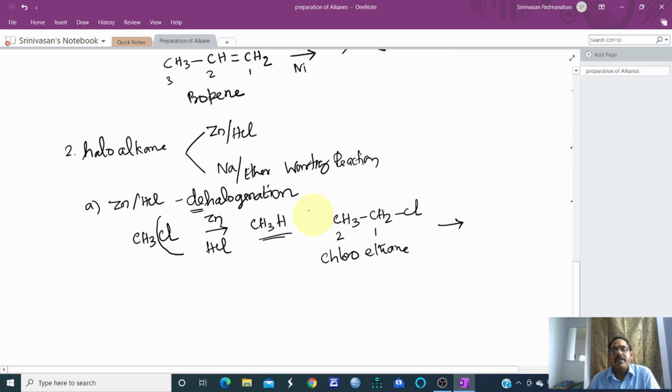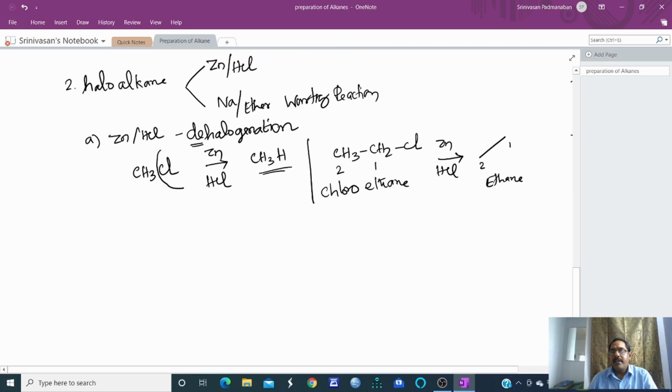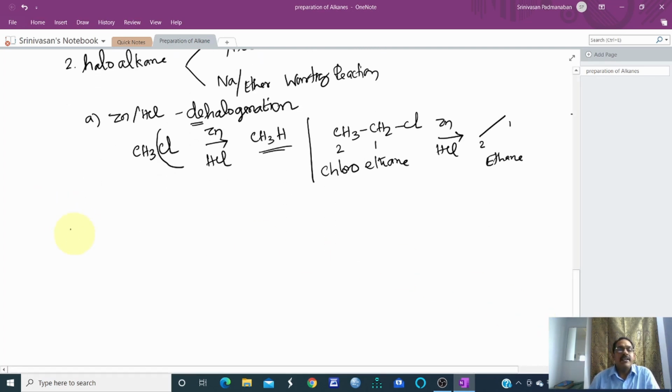Use the same reagent, zinc in the presence of HCl. So what do you get? You get this one. That's why I have written it in a simple line diagram. This is carbon number 1, this is carbon number 2, and this is ethane. This is how even higher homologs can be prepared by taking chloroalkane with simple Zn in the presence of an acid.